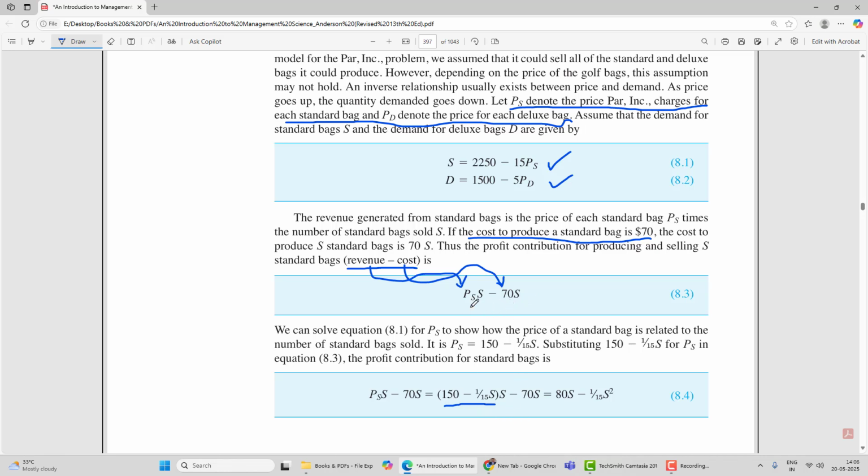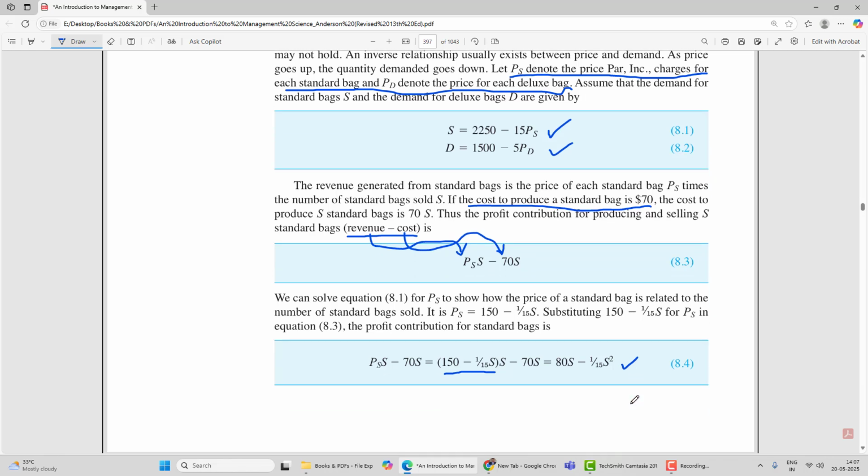When I put PS from this equation in terms of S, I get the profit from standard bags as 80S minus 1 by 15 times S square.